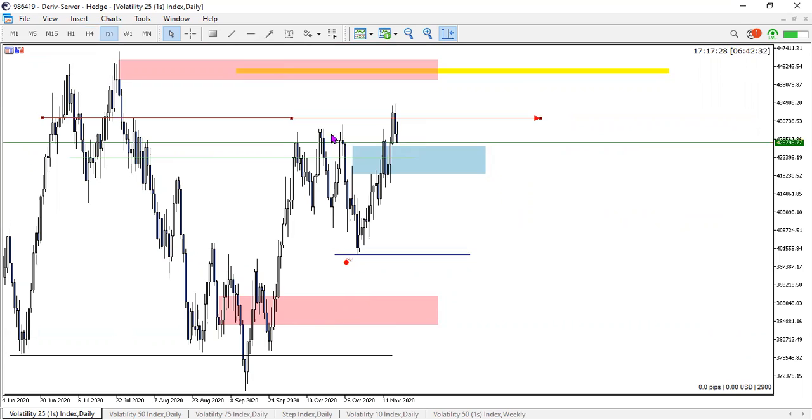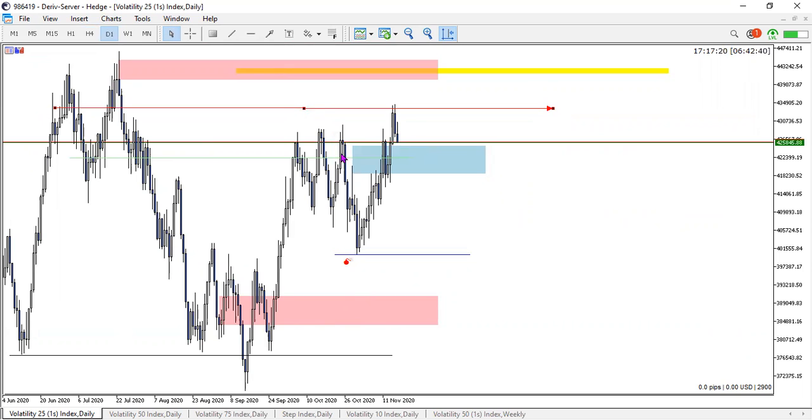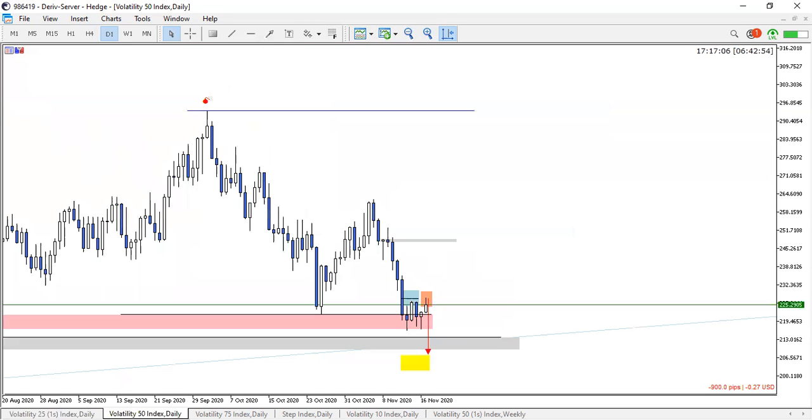So it's very probable that we could see this market continue to the downside. That is something that is possible, but I would like to see it bounce and come back up a little bit more before I get in. If it doesn't, then I'll just wait for a retest somewhere inside of here for me to get in on a selling opportunity.